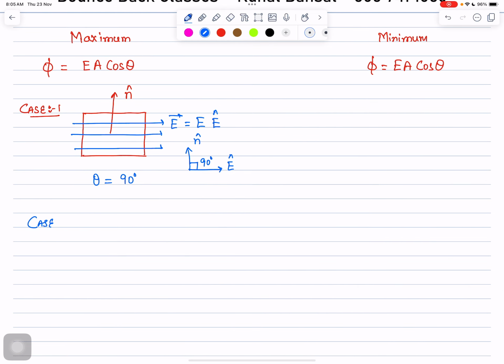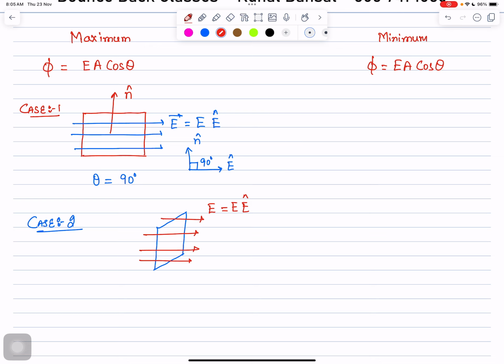Case 2, so that you can solve easily. Let's say the same. I'm just going to change the shape of the surface. Let's say surface is like this. And electrical lines of force are moving like this. This is the line of forces. Electric field. So can I say E is equal to E times E cap? Fine.